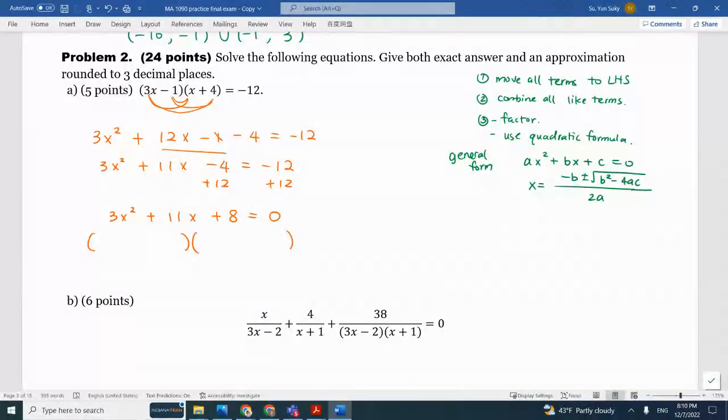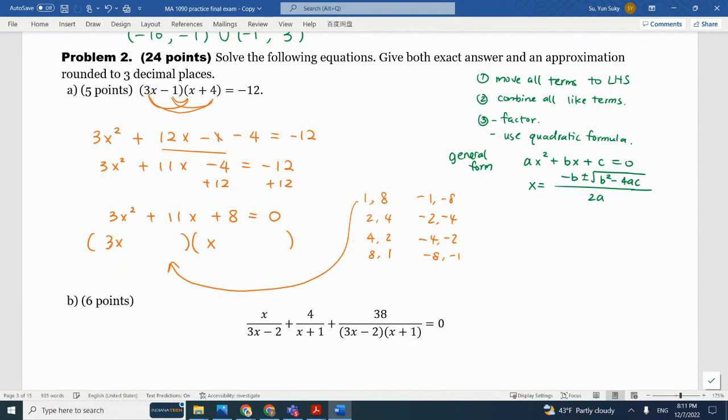So factors of 3x is 3x and x. Factors of 8, it could be 1, 8, 2, 4, or 4, 2, and 8, 1, and it could be also minus 1, minus 8, minus 2, minus 4, minus 4, minus 2, minus 8, minus 1. So you put different pairs there.